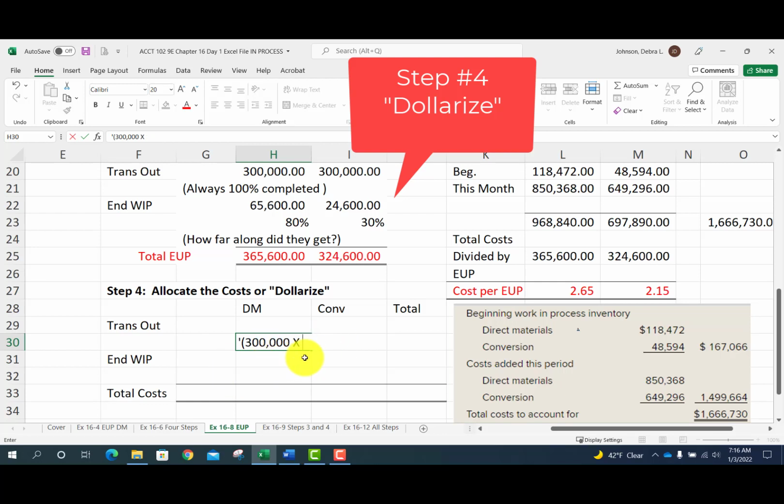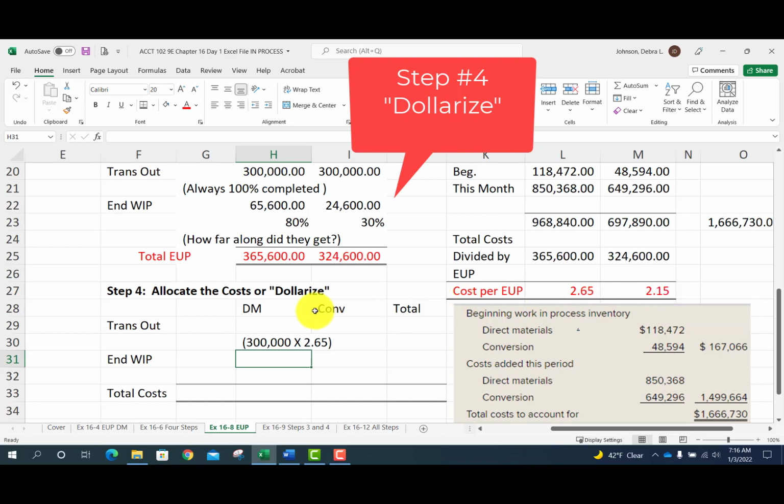So 300,000 times $2.65 would be what I place here for direct materials, and for conversion it would be the 300,000 times $2.15. Get that line item first.